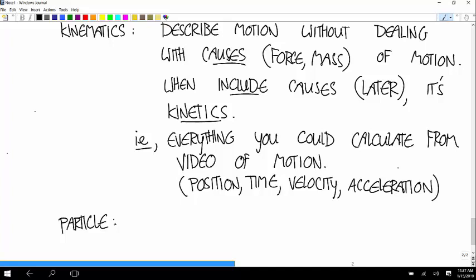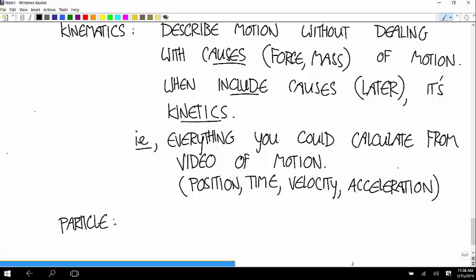A particle doesn't have to be small. When people say they're a particle physicist, what they mean is they're doing calculations involving subatomic particles, and those are tiny. People also use particle analysis to determine the relationships between planetary positions and planetary motions, and obviously planets are gigantic.